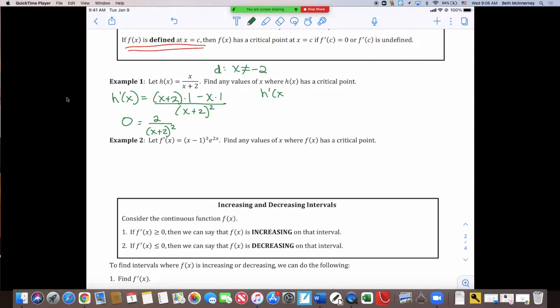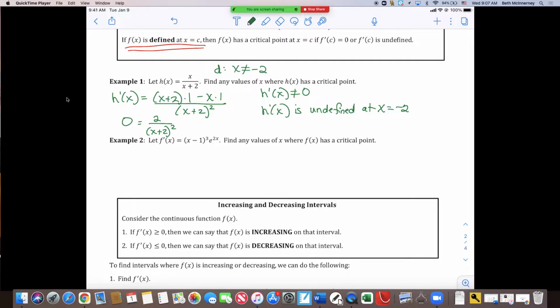So h prime of x never equals 0, right? Because the numerator is 2. And then h prime of x is undefined at x equals negative 2. So we might think x equals negative 2 is a critical point, but what do we know?